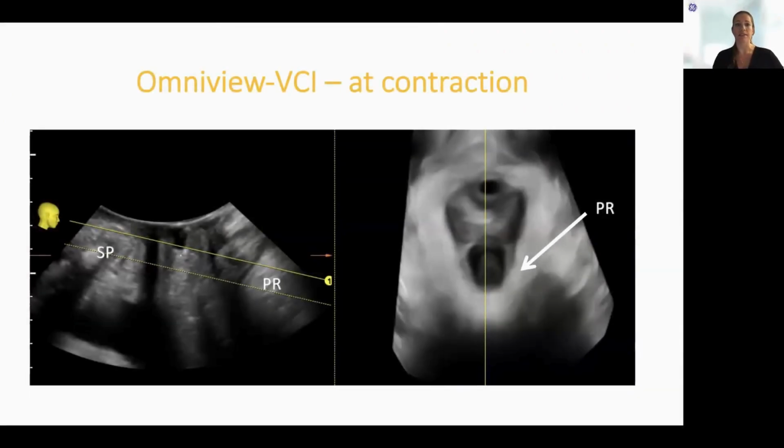Pelvic floor can be assessed also using OmniView VCI, and here you see the assessment during contraction. You are already familiar with this coronal view, and you see that the puborectal muscle is attached to the ramus inferior of pubis, and when this woman contracts, the muscle becomes thicker.